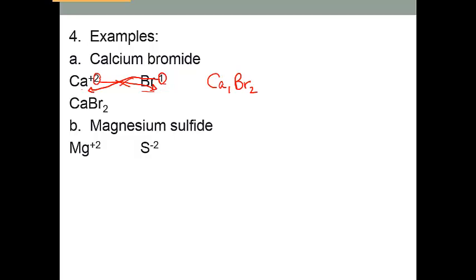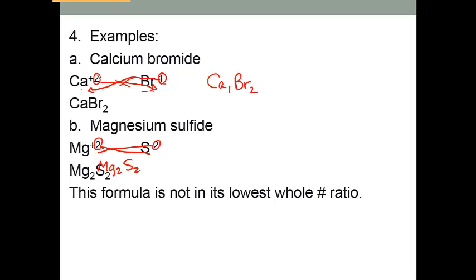Then our crisscross method says that we're going to take the numbers, not the plus or the minus, and drop those down behind the opposite element. So Mg2S2. Now, this formula is not in its lowest whole number ratio because we have 2 Mg's and 2 S's. We can reduce it down to the lowest whole number ratio of 1 magnesium and 1 sulfur, so MgS.